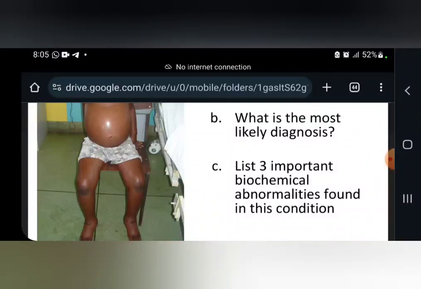There are 2 minor elements, which is hypercholesterolemia or hypertriglyceridemia, meaning that what? The body is going to produce excess cholesterol because of loss of protein in order to compensate that loss of protein in blood. Is it clear? And then the 5th element is what? Renal failure. Is it clear? So those are the different elements making up the nephrotic syndrome.